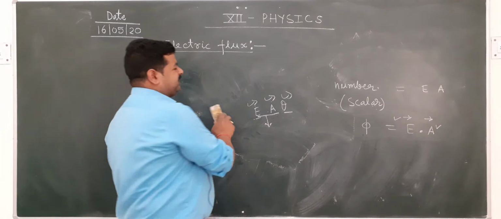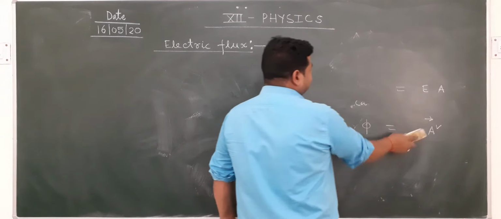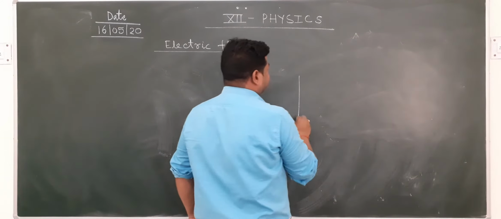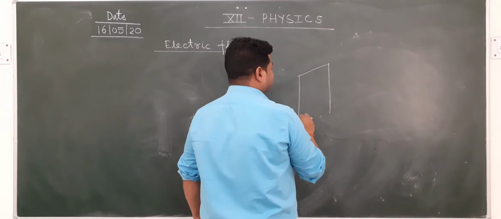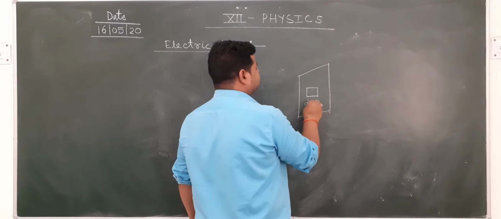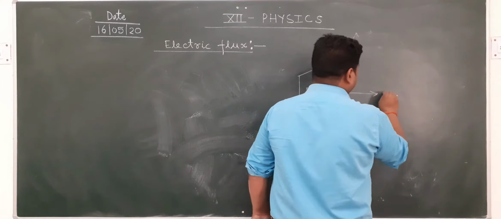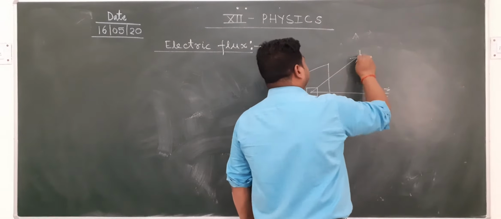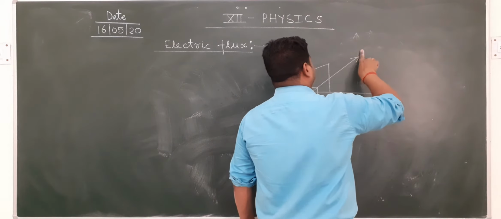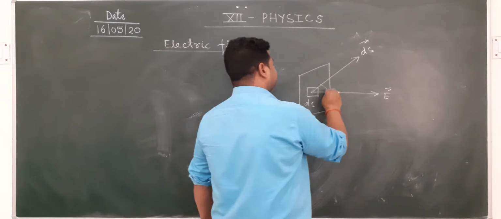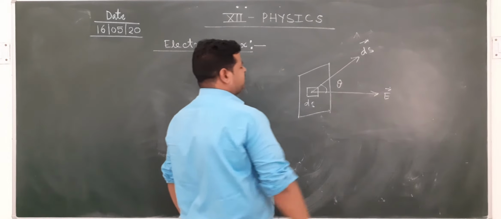So here, by a suitable diagram, we write the formula of electric flux. Let us suppose that this is a plane sheet and this is a surface element, that is ds. This is the direction of the electric field, and that will be the direction of the area vector, represented by ds vector, and theta is the angle between E and ds.